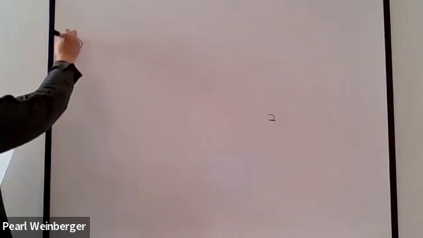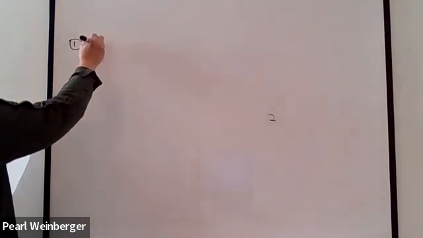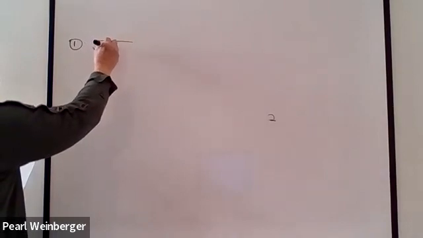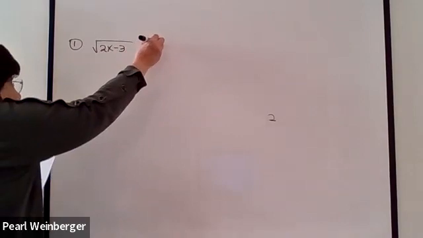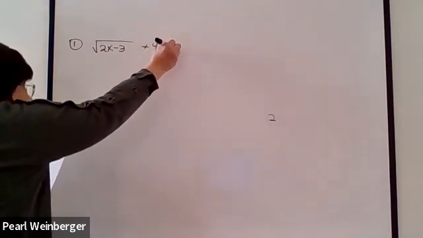Okay, here's number one. See if you can solve this. The square root of 2x minus 3, plus 4, equals 7.